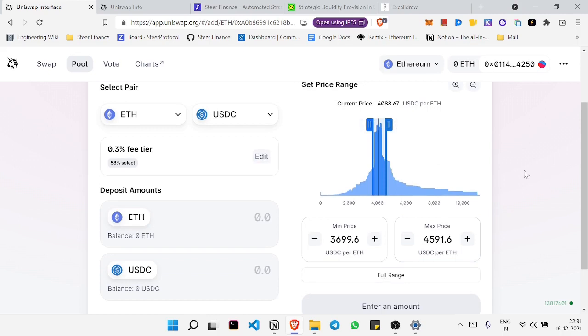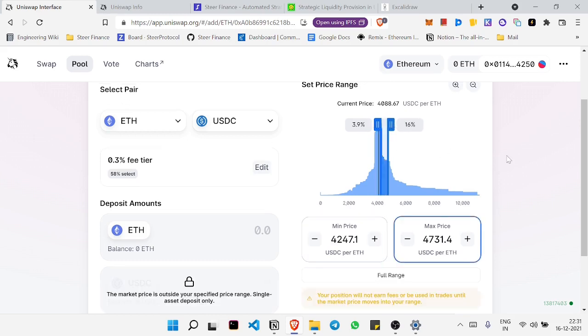Now, managing liquidity in Uniswap v3 is a pretty cumbersome process. I would need to adjust these price ranges every time the price changes, which is just not very efficient. And this would also mean that I would be getting much lesser returns.